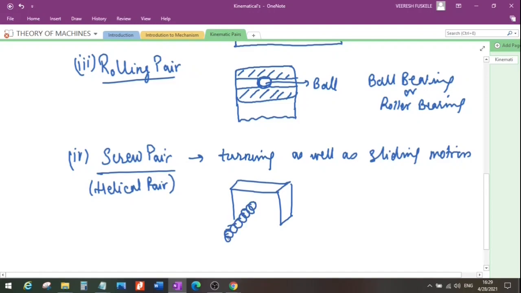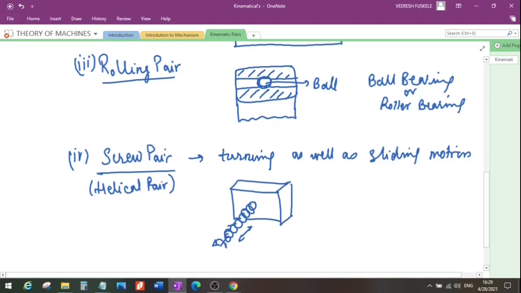There is a screw which is actually turning, and as we turn, the screw moves inside the nut, right? So there will be two types of motion taking place simultaneously, the turning motion and the sliding motion.